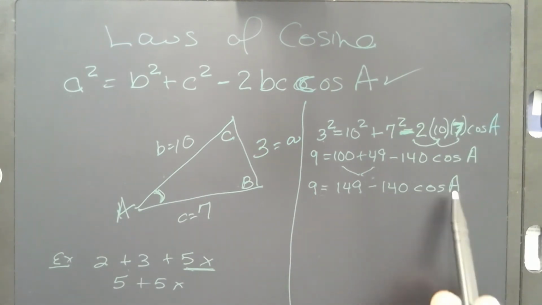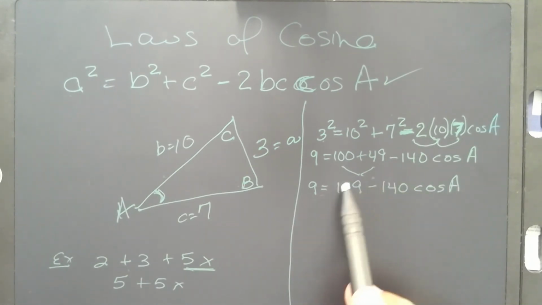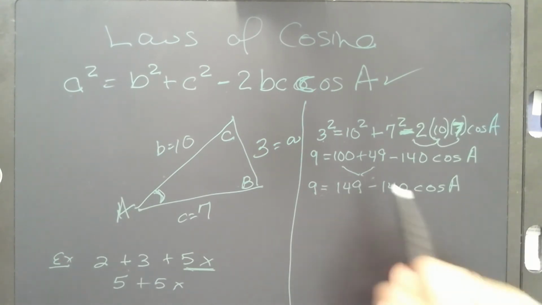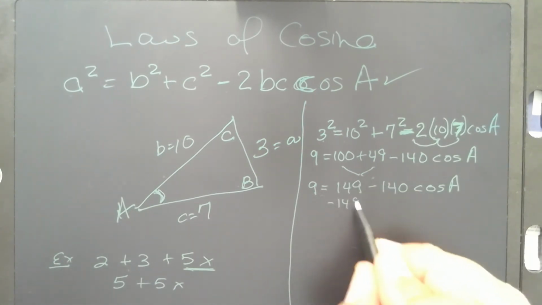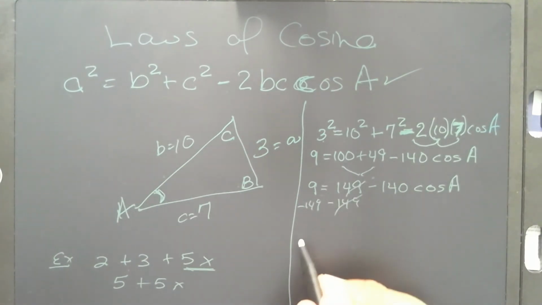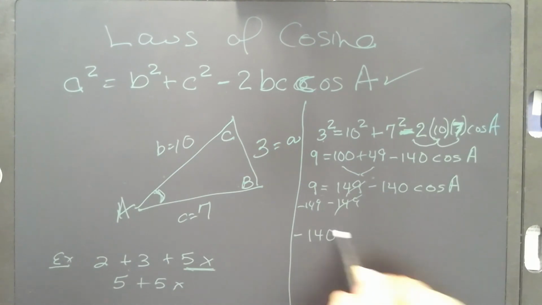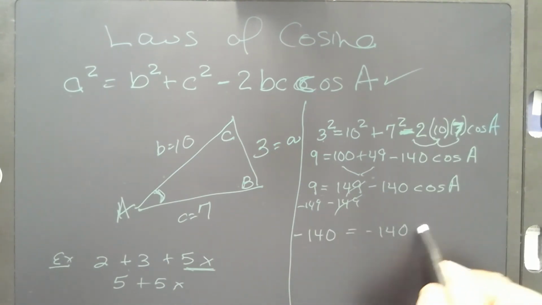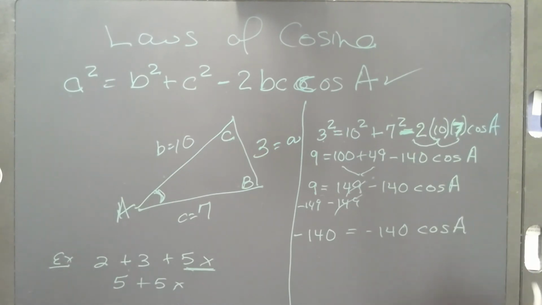Right now, if we want to solve for A, we have to get rid of the number furthest away, which is the 149. How do you get rid of it? Subtract. What you do to one side, you must do to the other. That cancels out. Negative 140 is equal to negative 140 cosine A.